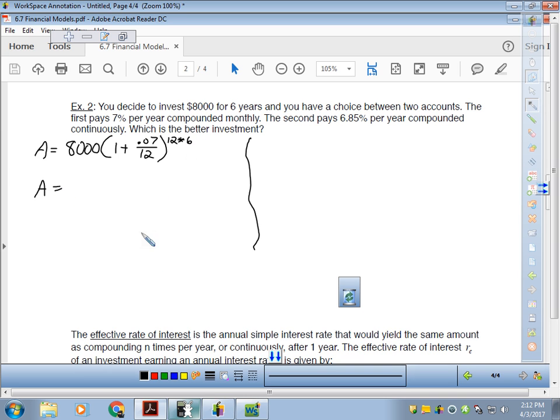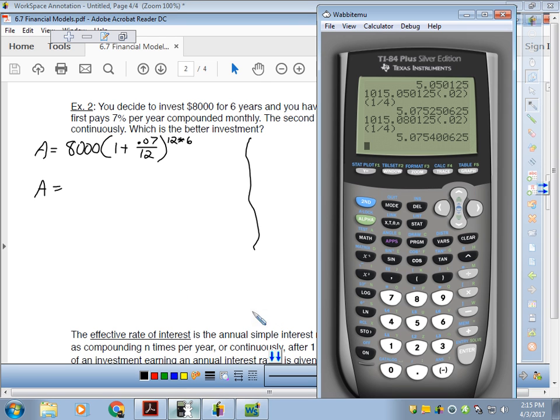And then at that point, you just go to your calculator. So I have 8,000, parentheses, 1 plus 0.07 divided by 12, close my parentheses, raised to the parentheses 12 times 6. Close parentheses. I want parentheses for the power, so that way the 12 times 6 happens inside the power.